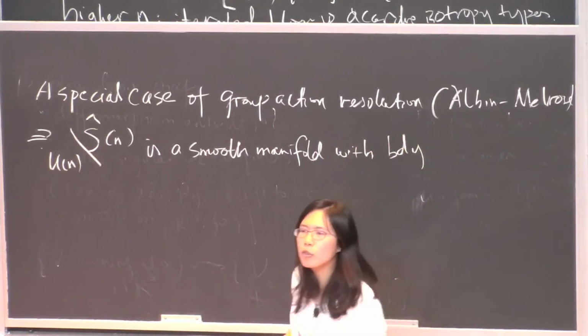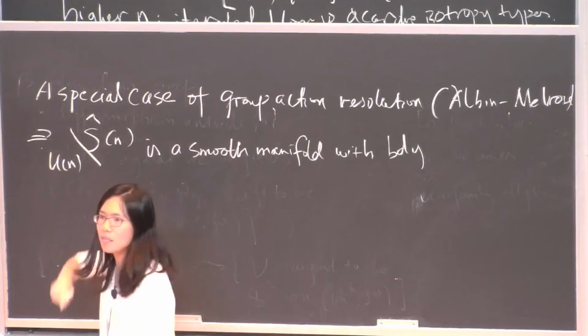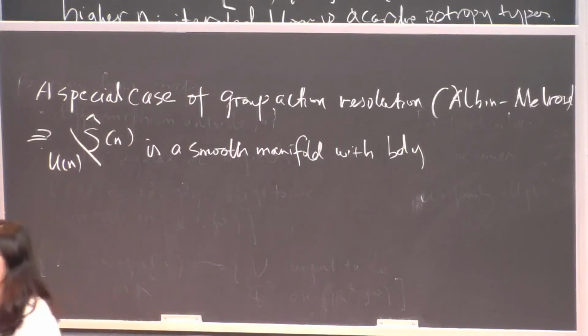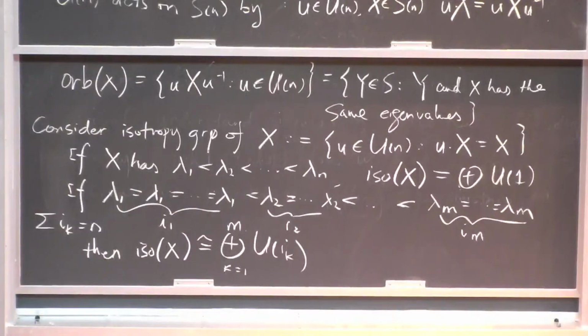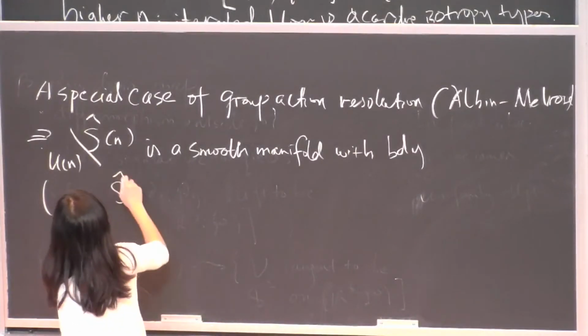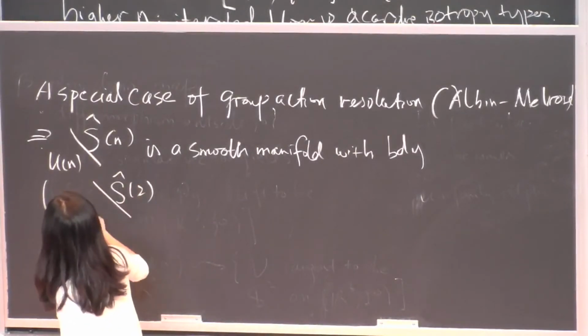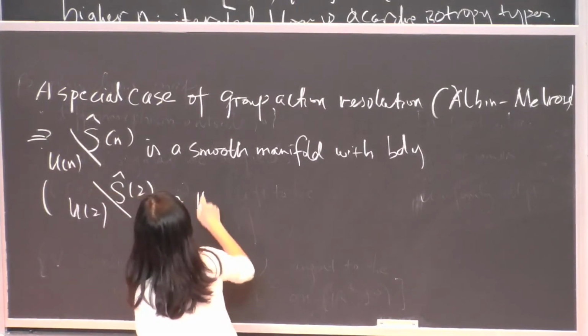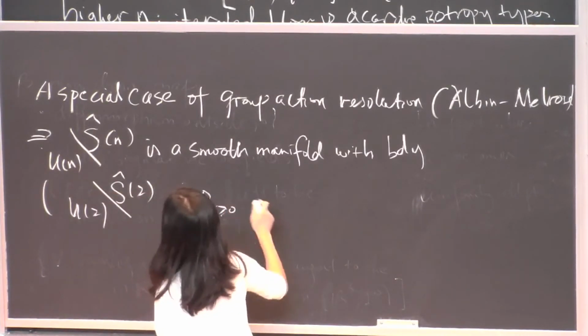Originally, if you just look at the space S_n acted on by U(n), you'll see that it's super singular. The problem is exactly that you have all those isotropy types, and a lot of singularities occur when you jump from one isotropy type to another. For example, S hat 2 acted on by U(2) is just given by r greater than or equal to 0.